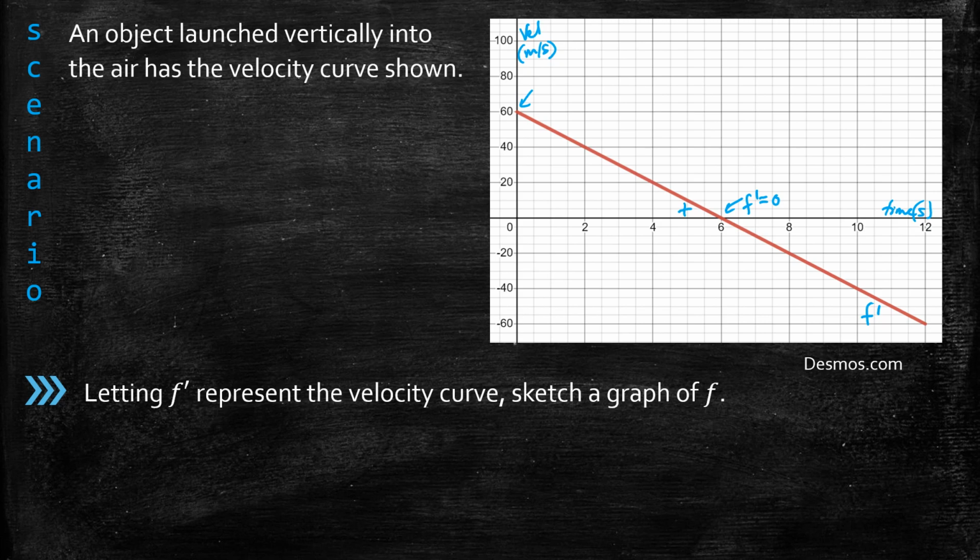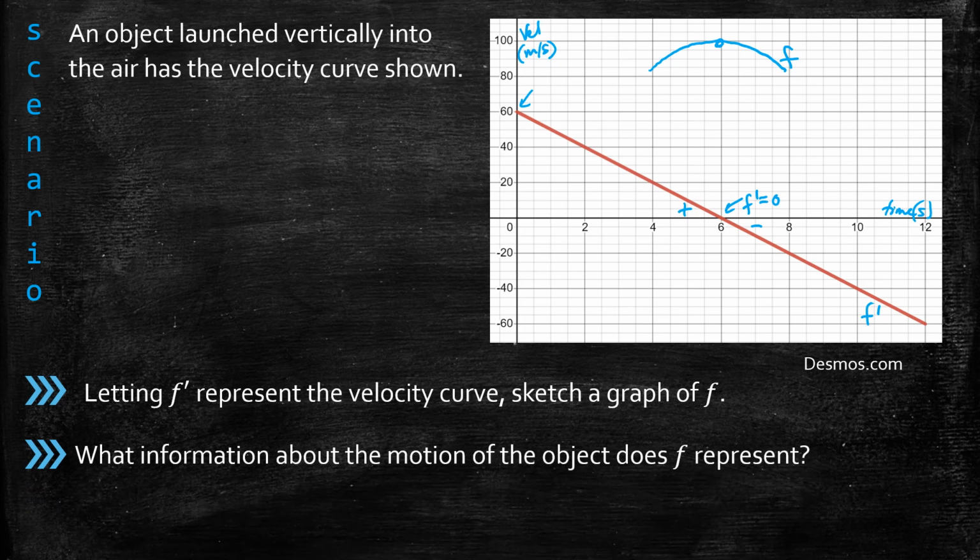Prior to 6, f prime is above the x-axis, so it's positive. After 6, f prime is below the x-axis, so it's negative. Since f prime changes from positive to negative at x equals 6, we have a local maximum by the first derivative test. So somewhere up here, we have a local maximum of f.